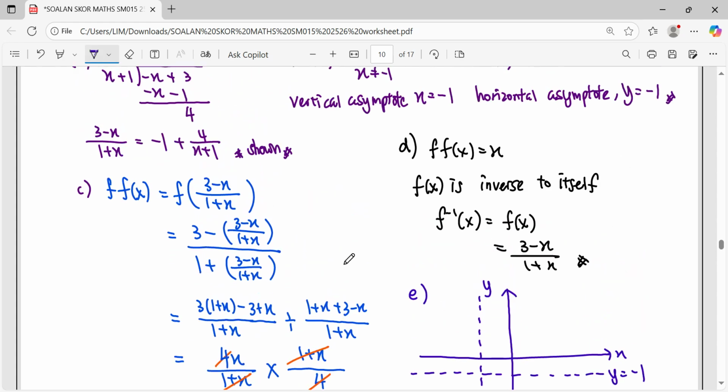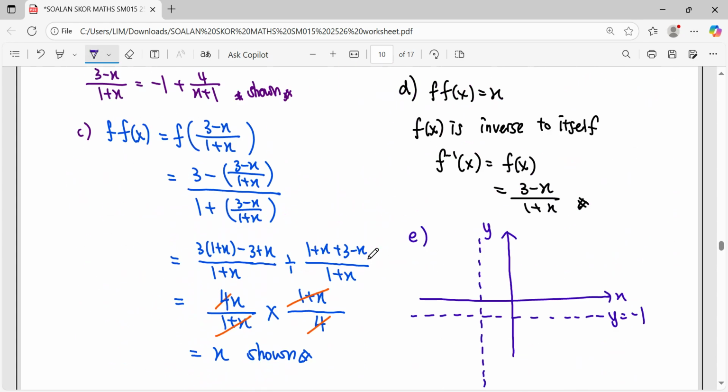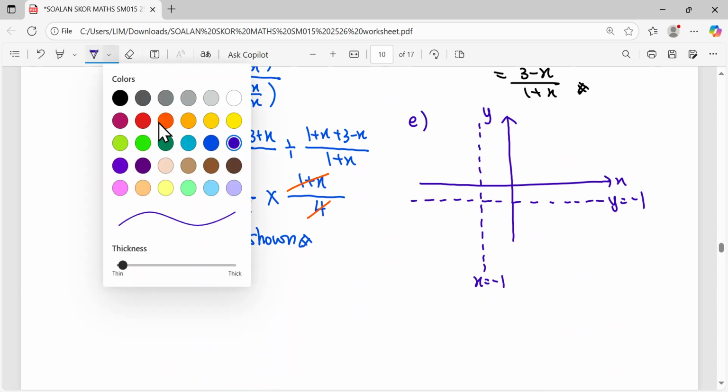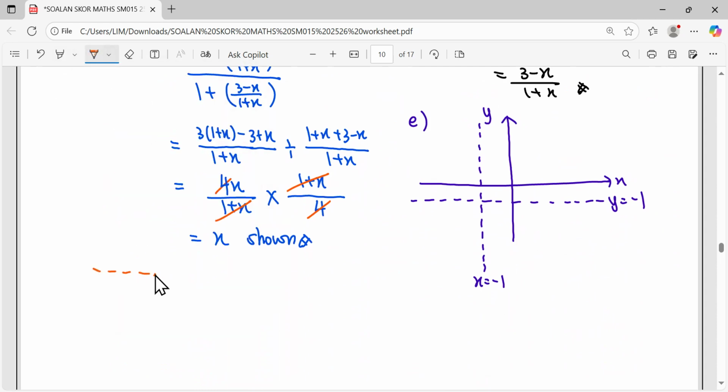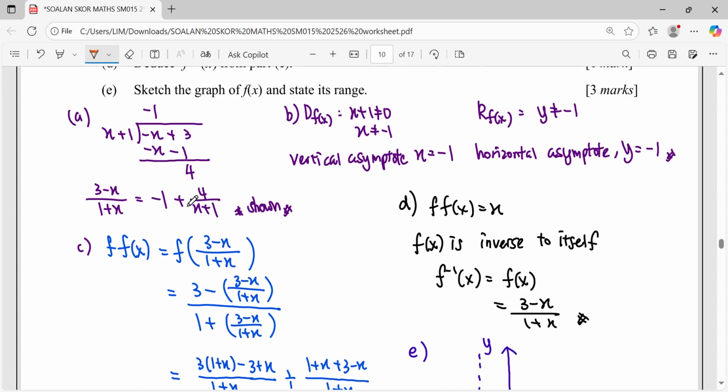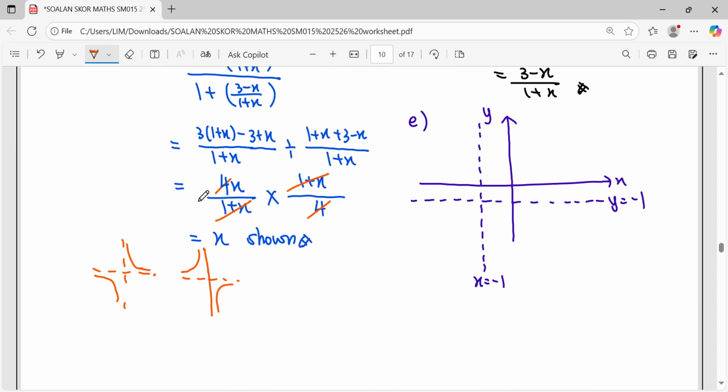And then look at our rational here. What is our shape here? Our rational shape basically has 2 kinds: 1 and 3 in quadrants 1 and 3, and 2 and 4 in quadrants 2 and 4. So it depends on your rational here. Look at your proper rational here. Your rational here is positive, which means that it falls in quadrants 1 and 3. And your asymptotes here are x equals -1, y equals -1.